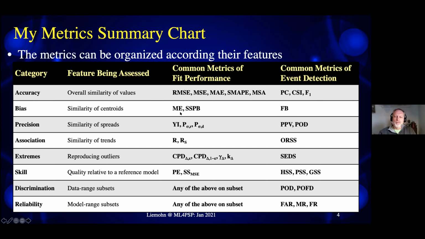So many different metrics, and in fact, two different methodologies for even calculating these. I've just been mentioning what I call fit performance, that are ones that compare the exact values of the data, but there's also this whole other set of metrics, categorical designations for the values as either in event state or out of event state.